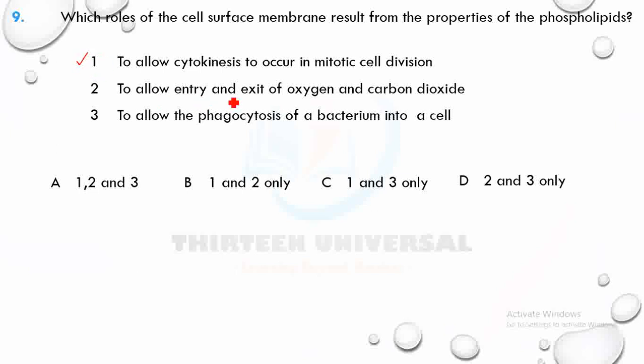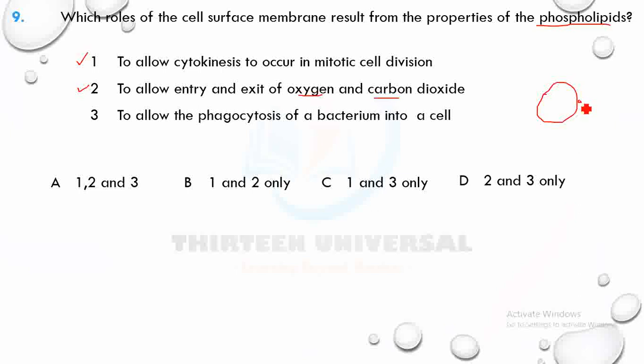To allow entry and exit of oxygen. Yes, oxygen and carbon dioxide are non-polar, so they pass through phospholipid because phospholipid has a non-polar hydrophobic core. That's correct. To allow the phagocytosis of a bacterium. Phagocytosis is when a cell engulfs a solid particle.